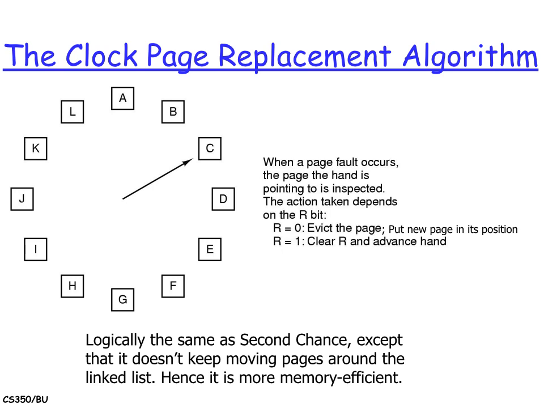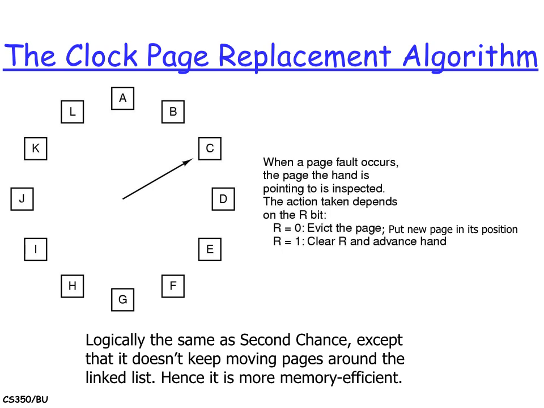Only the hand of the clock moves, only the pointer moves from one item to the next.